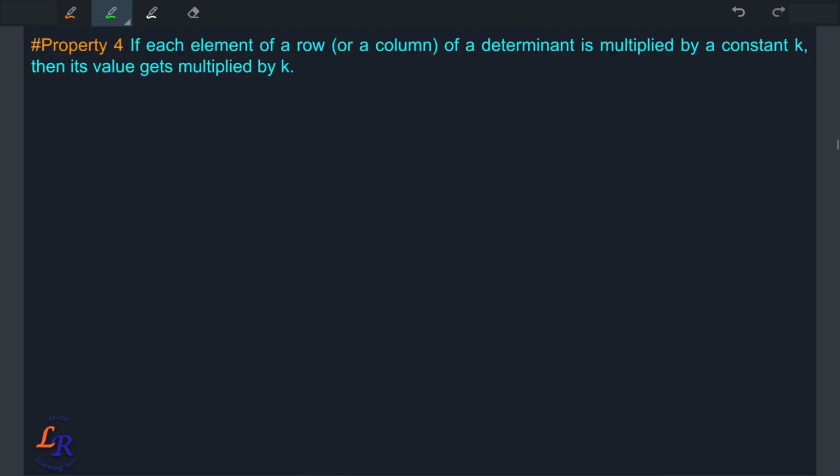Now the next property, which is property 4, says that if each element of a row or a column of a determinant is multiplied by a constant k, then its value gets multiplied by k. So what it means is that let's say you have a determinant A: A1 B1 C1, A2 B2 C2, A3 B3 C3, right?